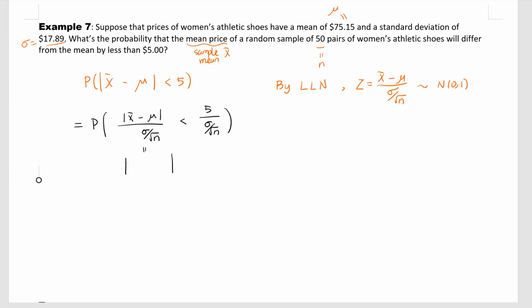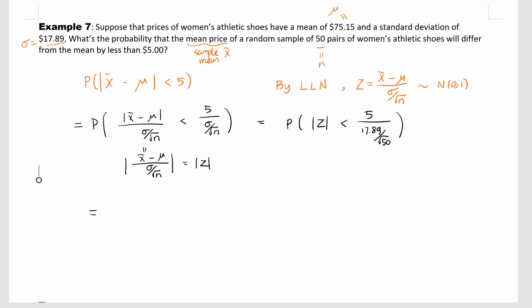So this is the same as saying x bar minus mu over sigma over square root of n, which is the absolute value of z. So this is the absolute value of z less than 5 over 17.89 over square root of n, which is 50.